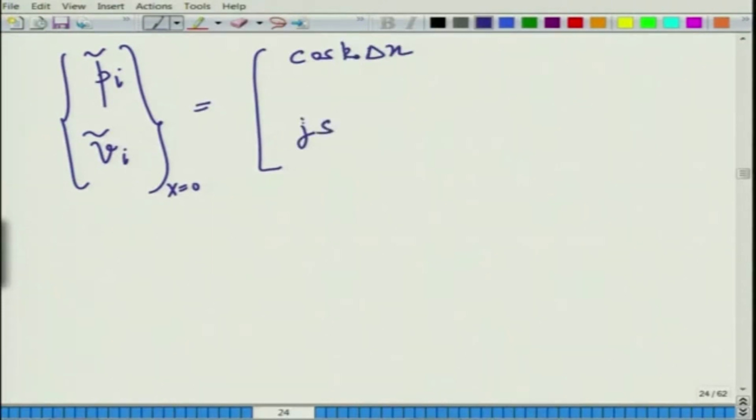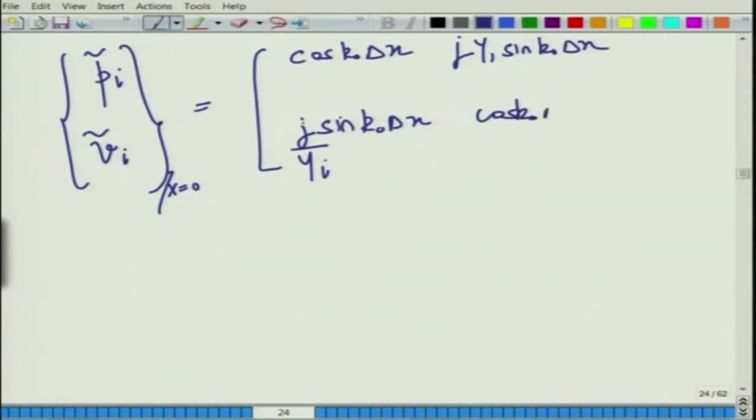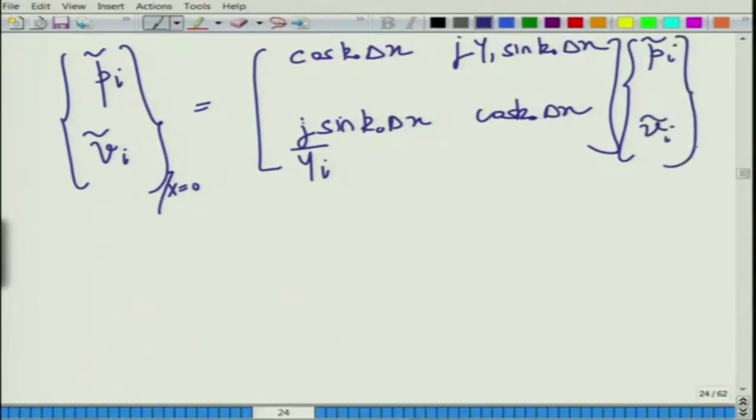Now, this is crucial because that is how we will update the area. At x is equal to delta x.